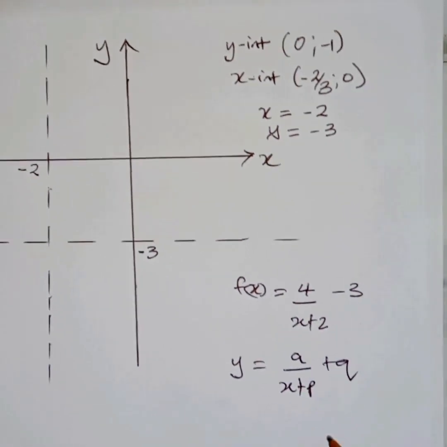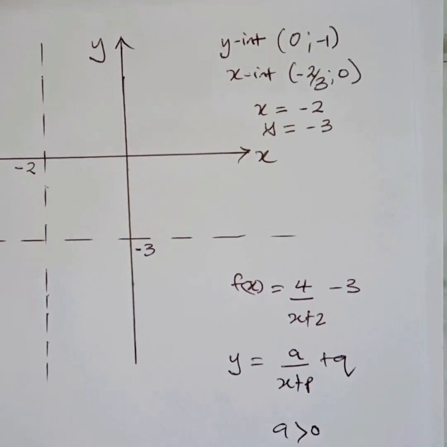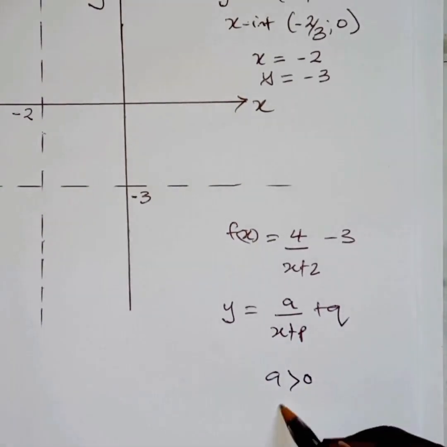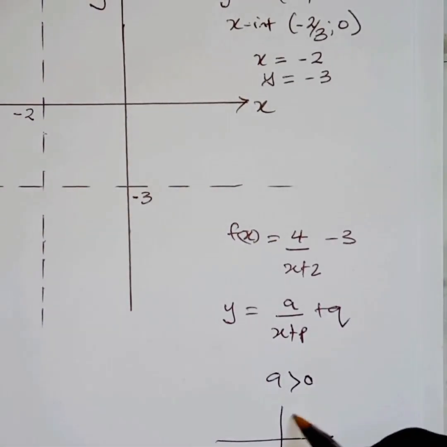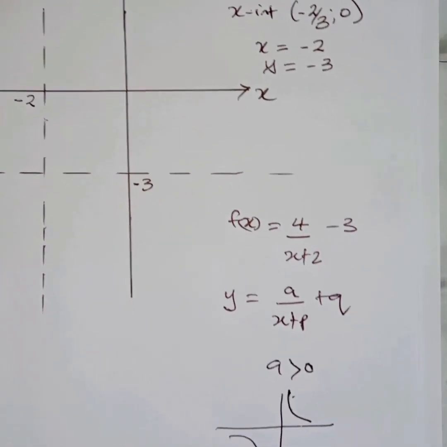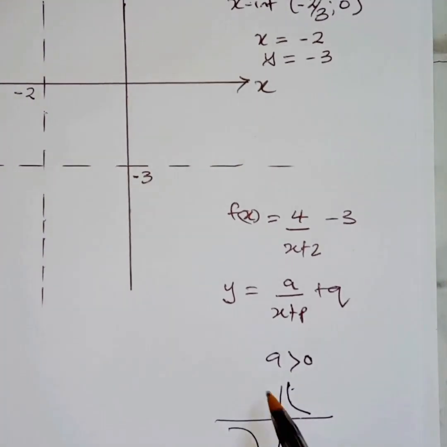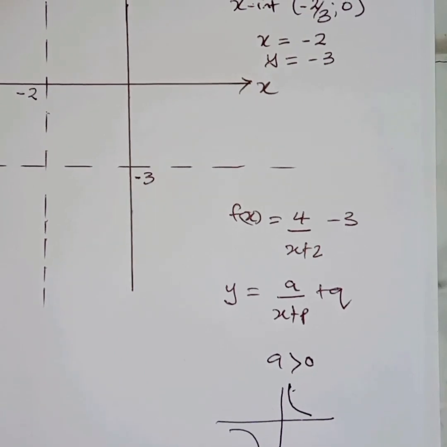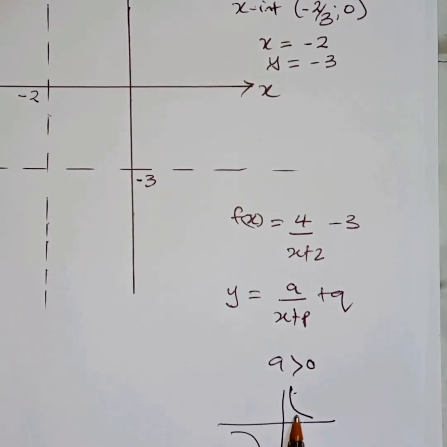Now, if a is greater than 0, the shape of the graph will be in the first quadrant and the third quadrant. Otherwise, if a is less than 0, it will be in the second and the fourth quadrants. All right. So we know the shape of our graph is going to be like that.